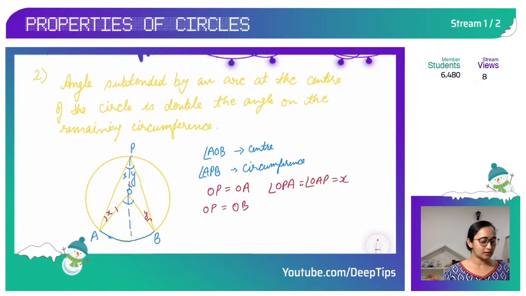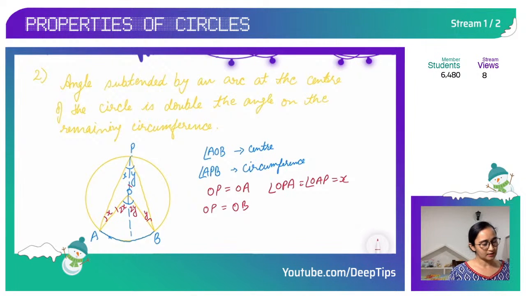Now again, I'm using the same kind of properties which I used in my previous theorem. Angle in the semicircle is a right angle, right? So here I have extended this line OP, so we can use the exterior angle property. So here it is 2x and this will be 2y, right?